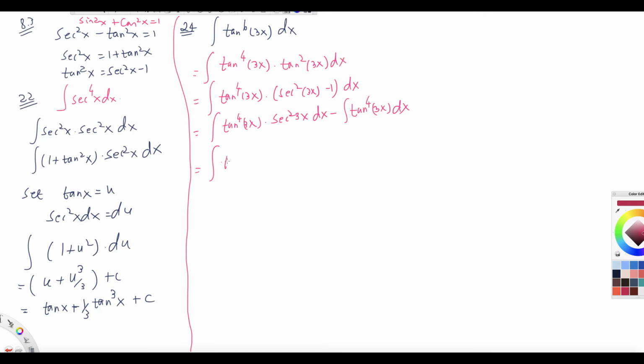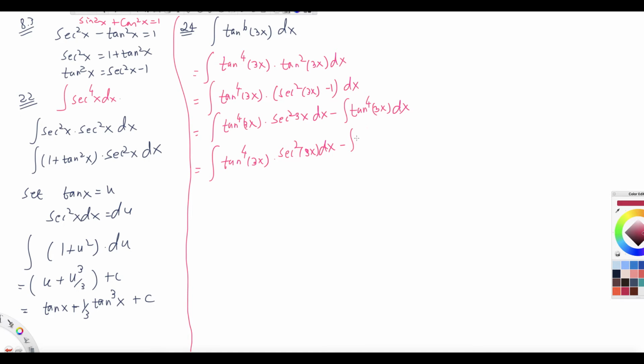I want to copy that tangent 4 3x times secant square 3x dx, and then minus, for this one I'm going to do tangent square and tangent square, but one of the tangent squares I want to write as secant square minus 1.